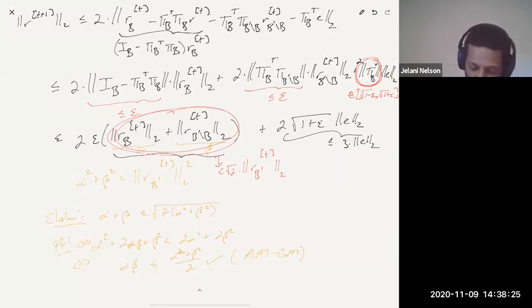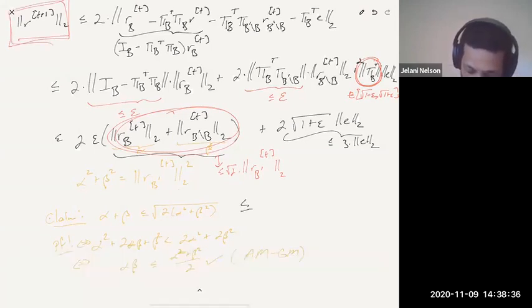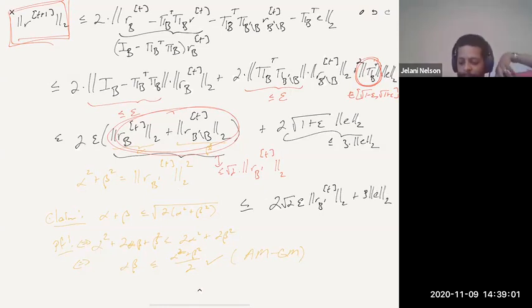Okay. So in summary, what we have is that the L2 norm of RT plus 1 is at most 2 epsilon times 2 root 2 epsilon, because there's a root 2 there now, times the L2 norm of RB prime T plus 3 times the norm of E. And remember what I said, that epsilon is small.